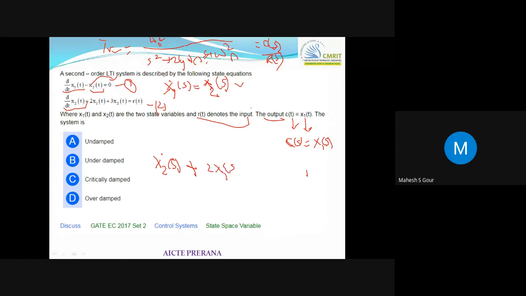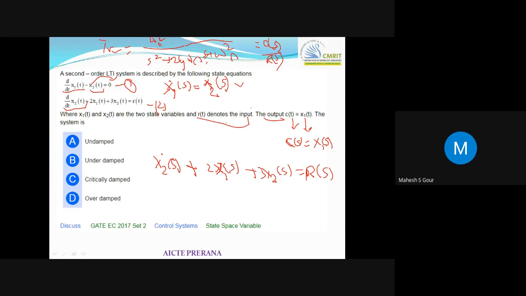I am converting to the Laplace domain because in the Laplace domain your calculation will be pretty easy compared to the time domain. So 2 into x1 of s, no doubt for this, right? Next, plus 3 into x2 of s, is equal to r of s. Is it clear here?